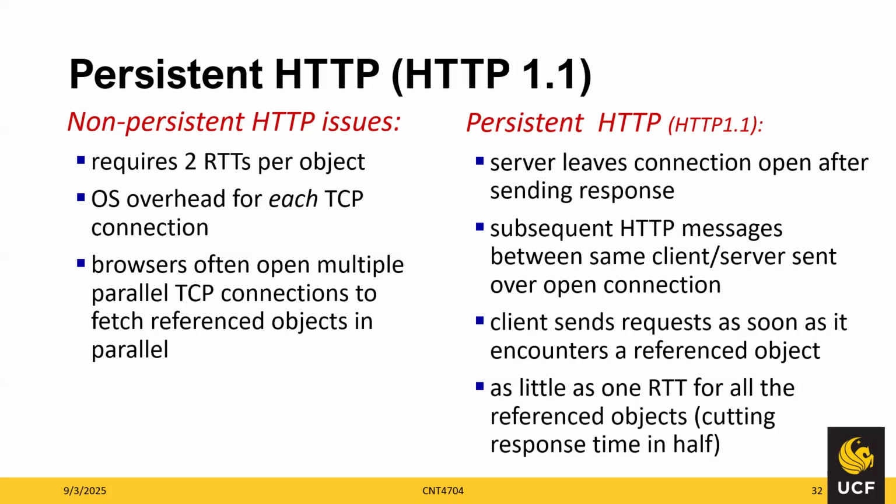So browsers can open parallel connections to compensate. Browsers often open multiple simultaneous TCP connections so that they happen in parallel, which can overload the server if we do it the original way.